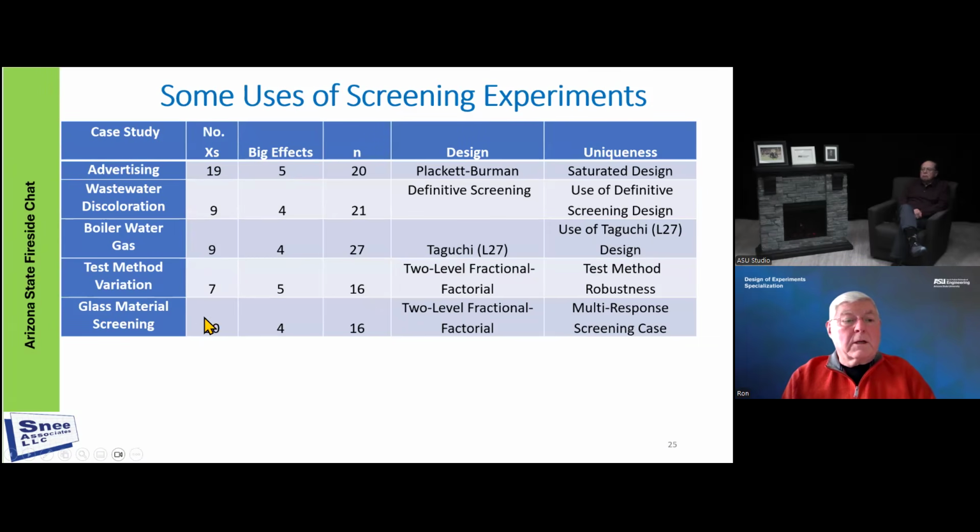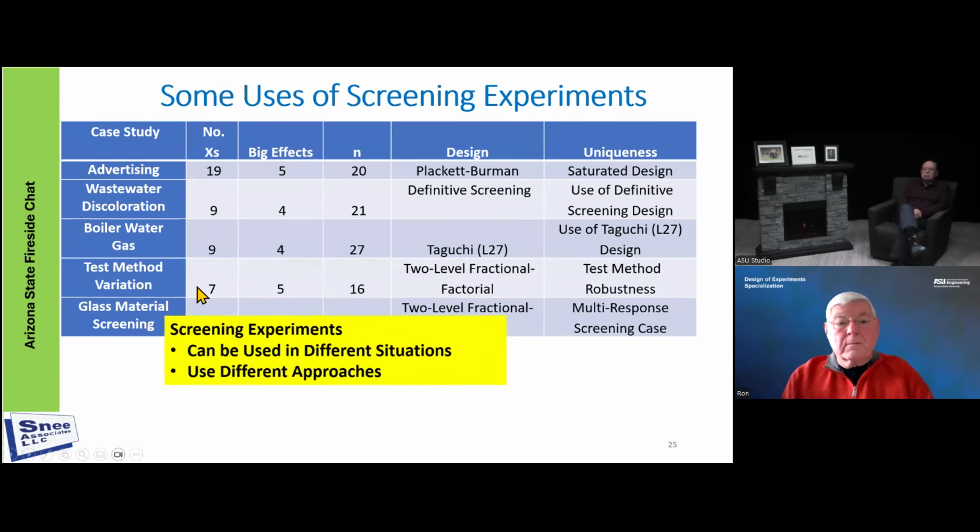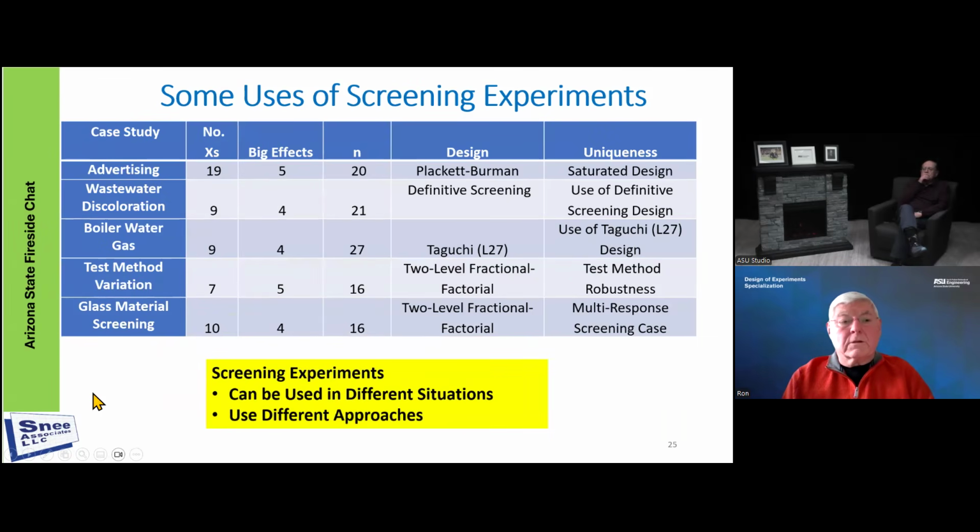So here is the paper, and there's a reference to this work at the end. Here are the case studies in the paper: the advertising one we talked about, wastewater discoloration, boiler water gas test method variation, glass metal screening, and material screening. And what do you see from that? Well, the number of X's varies from 7 to 19.